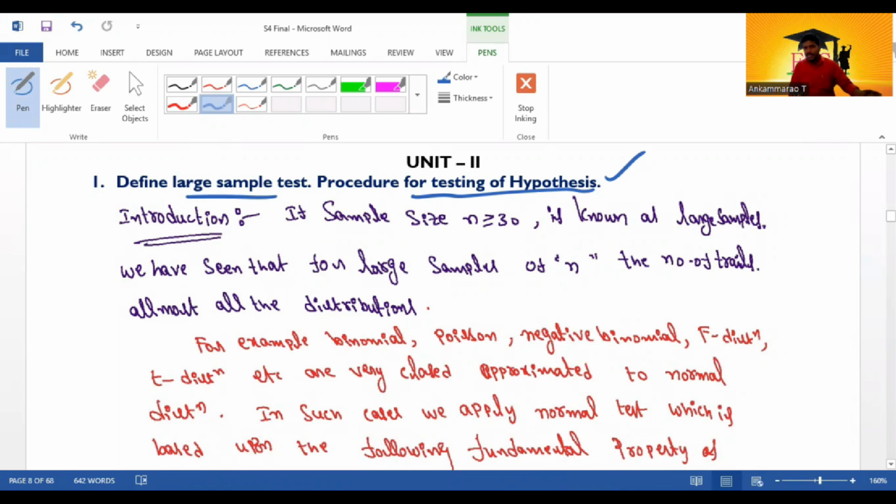In that situation, apply the large sample test. If the sample size n is greater than or equal to 30, it is known as a large sample.